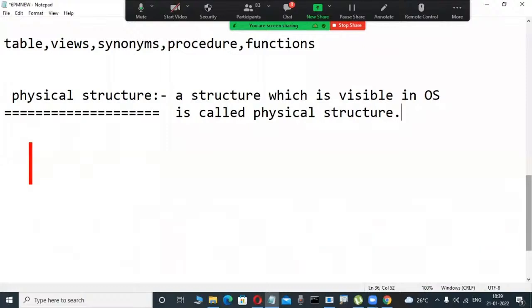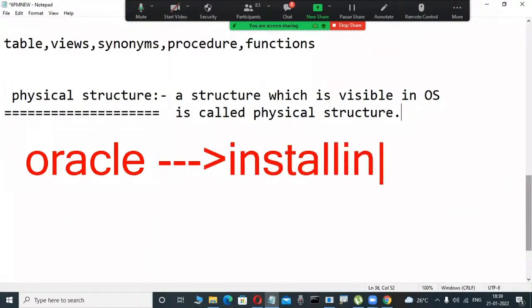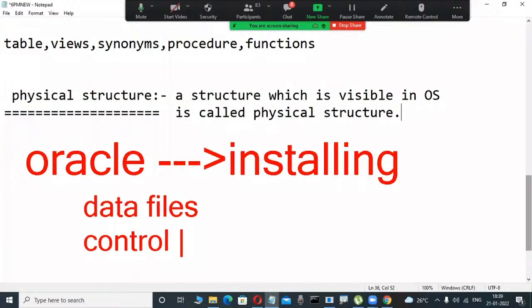Same like that, Oracle is a relational database software. MySQL, SQL Server, we are installing, for example. Whenever I'm installing Oracle, automatically some physical files are created: data files, .dbf files, control files, and also redo log files.